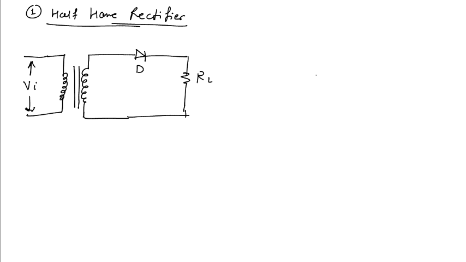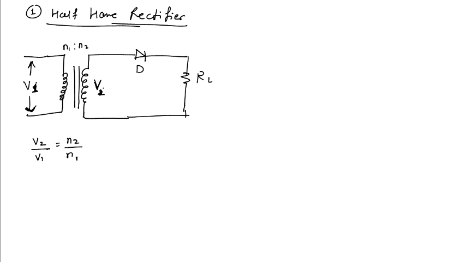In this half wave rectifier, this input voltage Vi, or it will be V1, due to this V1 voltage the transformer will have a secondary voltage V2 depending on the turns ratio. This voltage V2 upon V1 is equal to N2 upon N1.